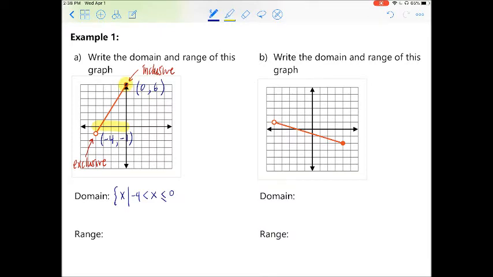So we do have to add that extra bar there to make sure that this part indicates x is less than or equal to 0. And don't forget, we need to add x is an element of all real numbers and close the bracket here.